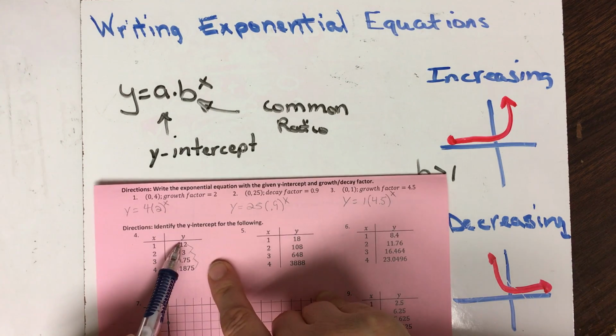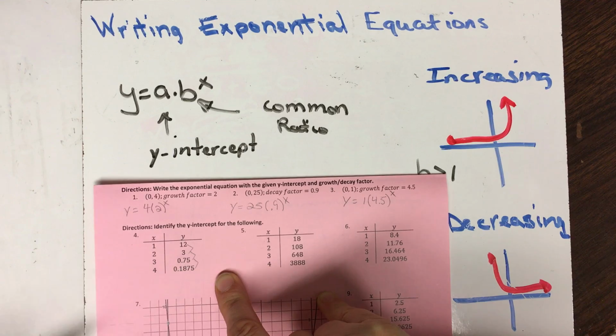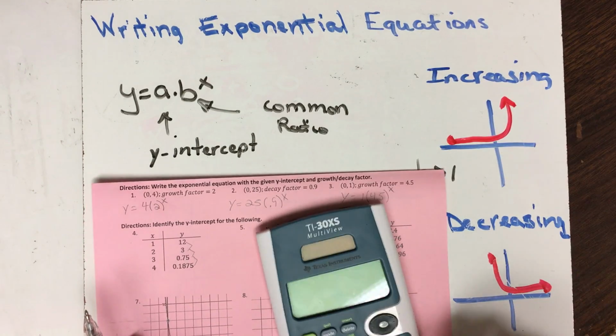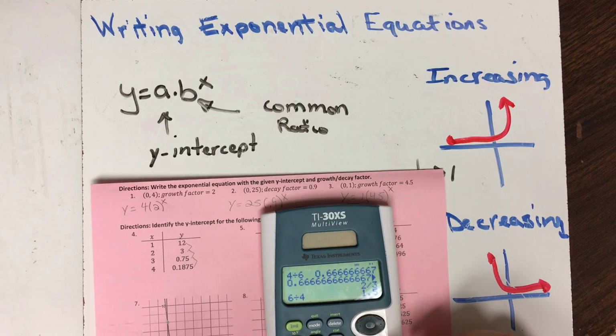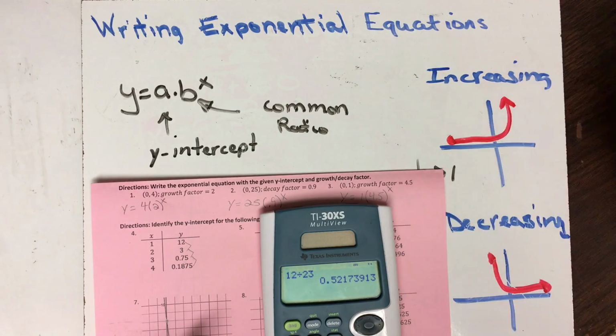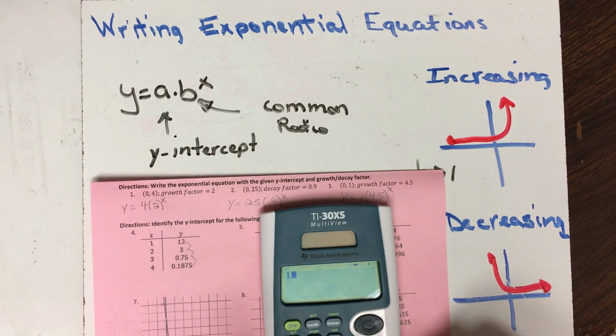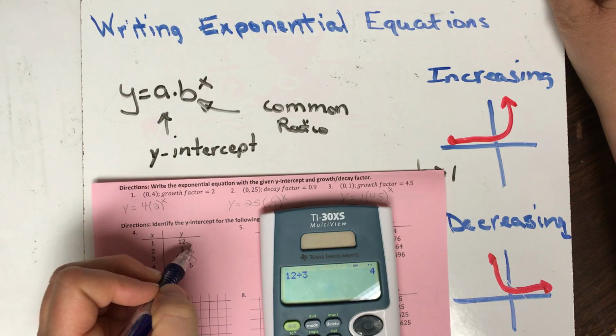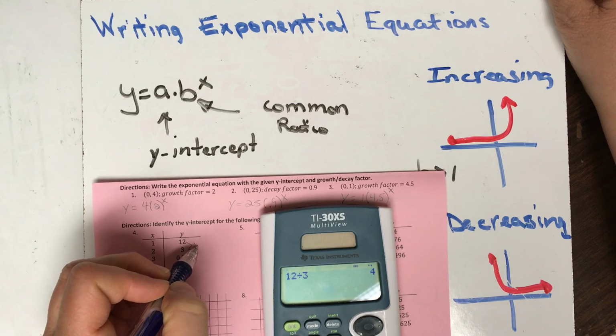So we have to figure out what's going on, what our common ratio is between here. So I took 12, my calculator, and I divided by 3 equals 4. So if we divide it, we got 4.